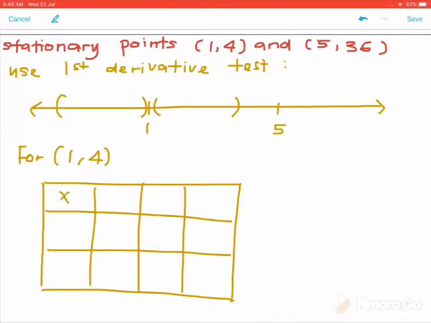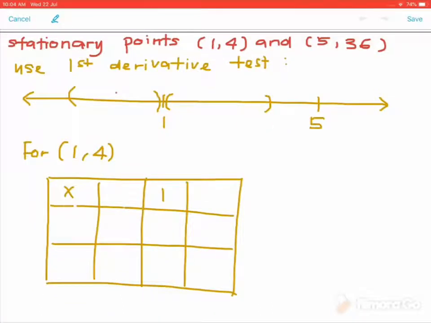Now we substitute our x. 1 we put in the middle column. We can choose a number less than 1, so maybe you can choose 0, and we put 0 here. For a number greater than 1, we can choose 2, and we write 2 here.